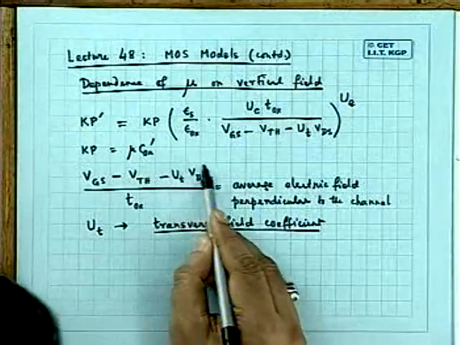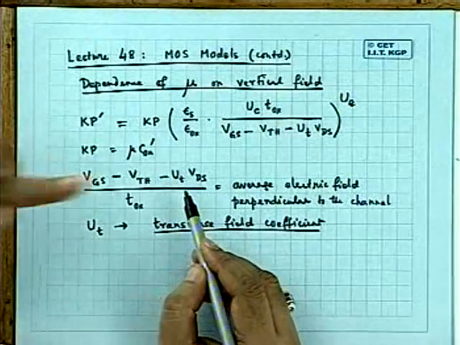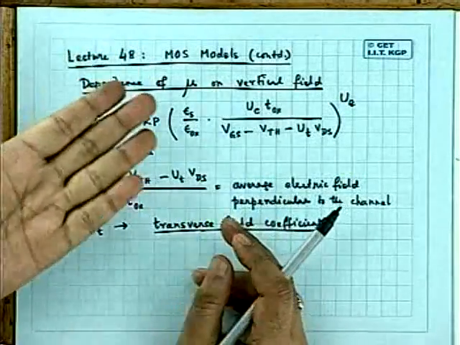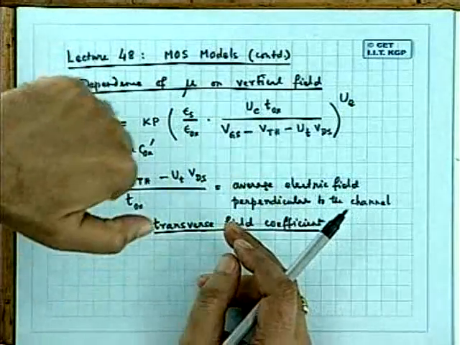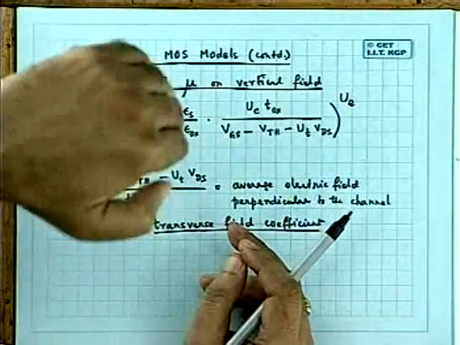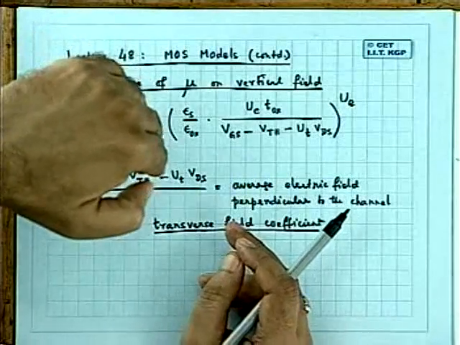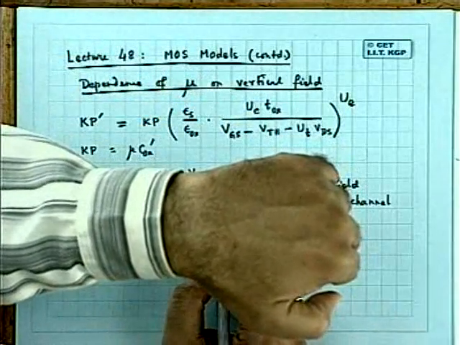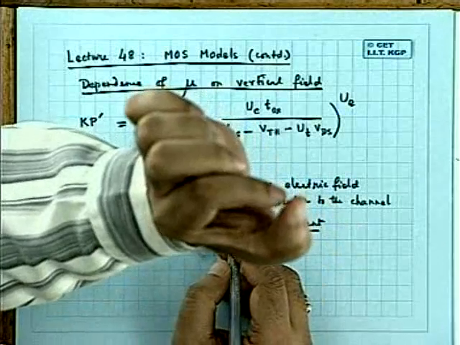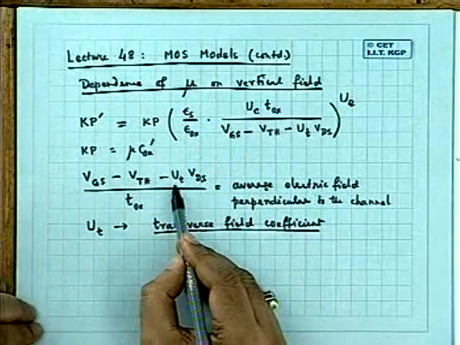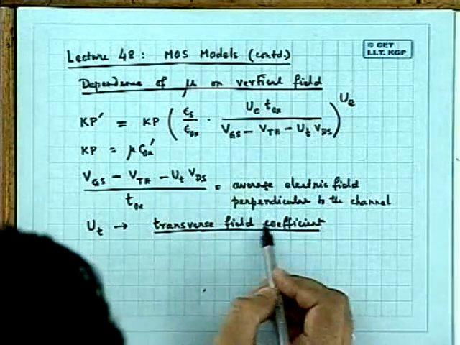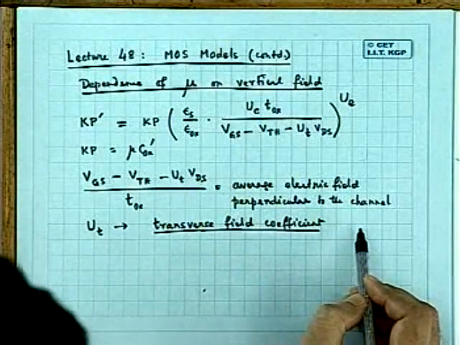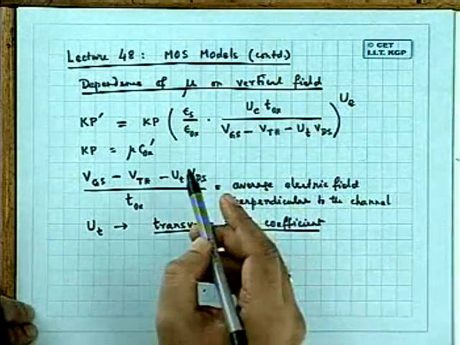For example, because of VD, the channel potential, the average vertical component of the field will be modified. The average field normal to the channel is modified by the drain bias. So there should be a term, and that term is scaled by a coefficient, UT, which has been called the transverse field coefficient.